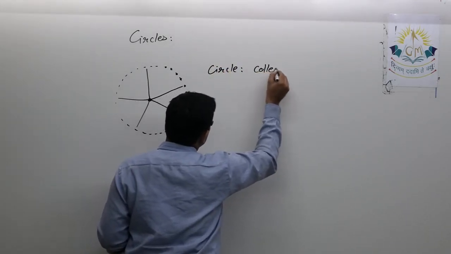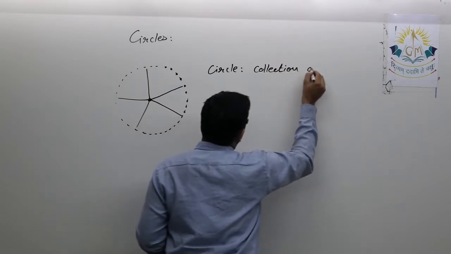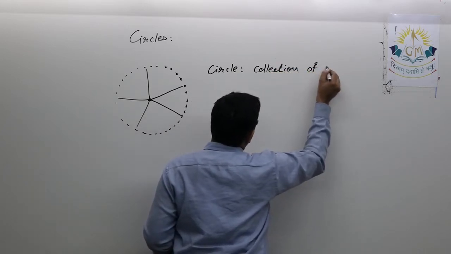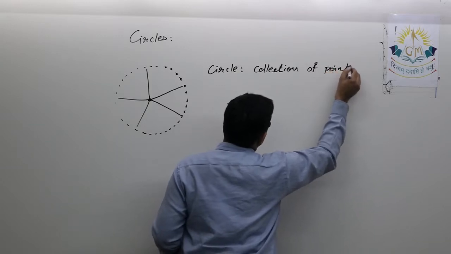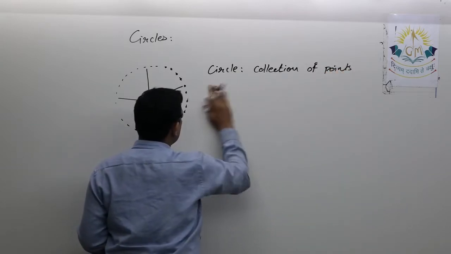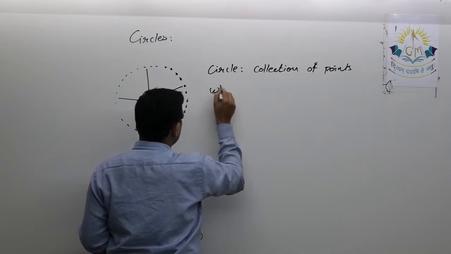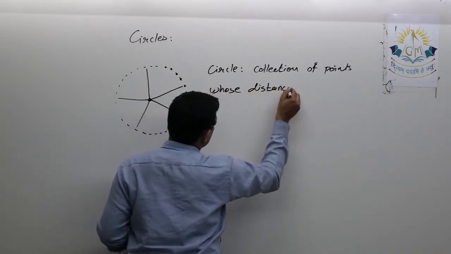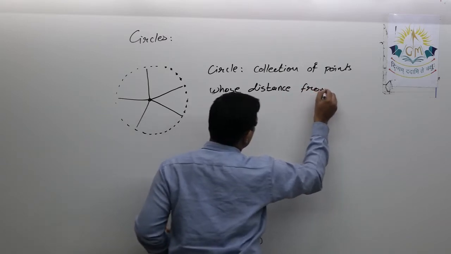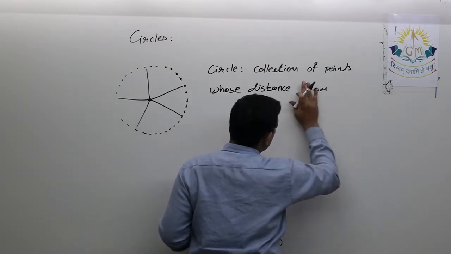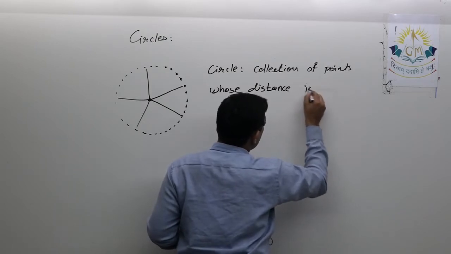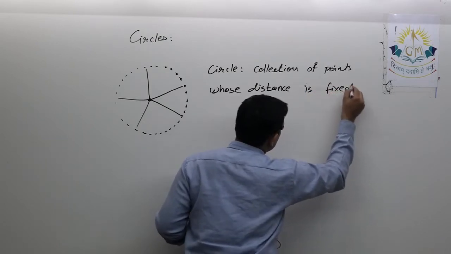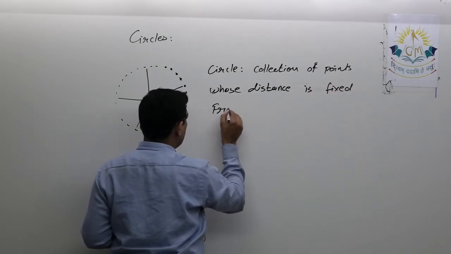Okay, so very first thing, circle. I can say a collection of points or set of points whose distance is fixed from a fixed point.